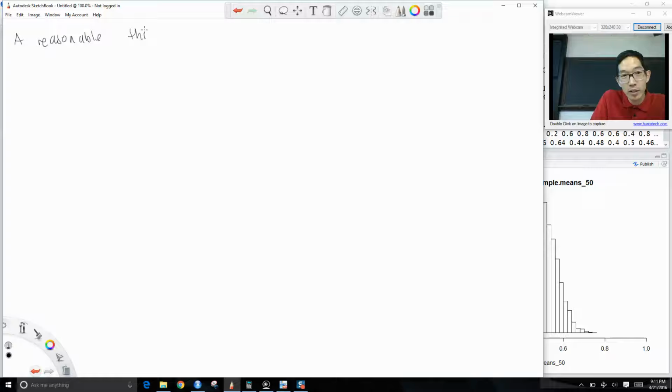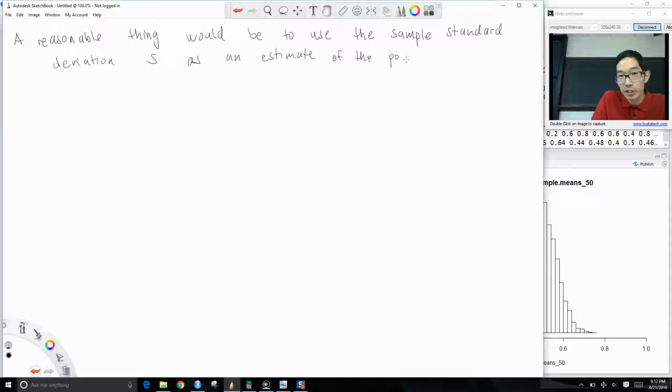So a reasonable thing would be to use the sample standard deviation, S, as an estimate of the population standard deviation sigma.